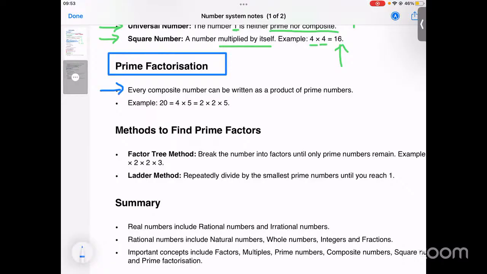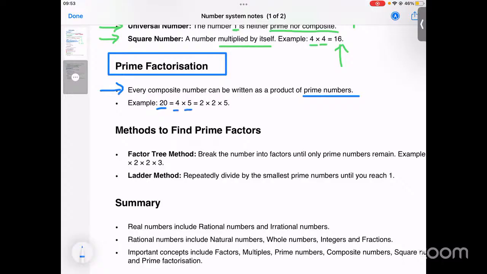So can you see, now we are making use of those words that we defined. We will do some more examples probably in a different lesson where we talk about all of this in detail. But here we have an example where they say 20 is actually equal to 4 multiplied by 5.